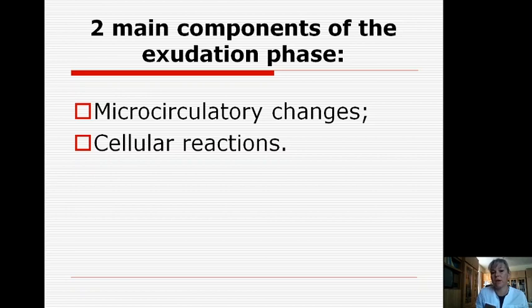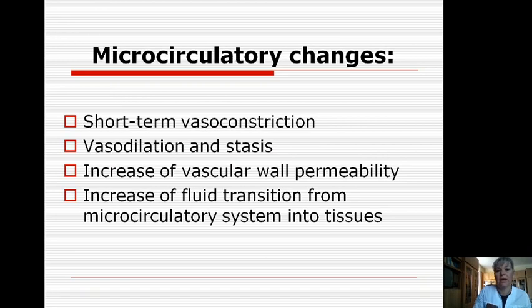At first, microcirculatory changes and cellular reactions. In microcirculatory changes, we see at first short-term vasoconstriction, the next vasodilatation and stasis of blood, the next increase of vascular wall permeability, and increase of fluid transition from microcirculatory system into tissues.